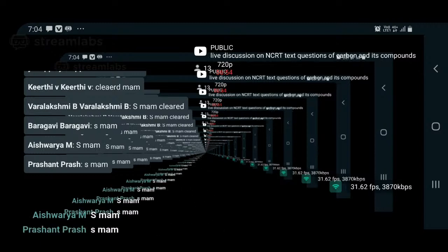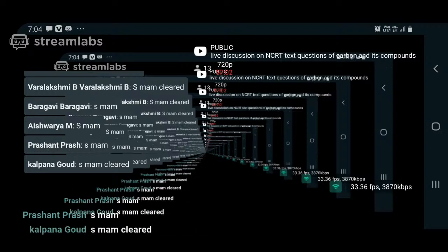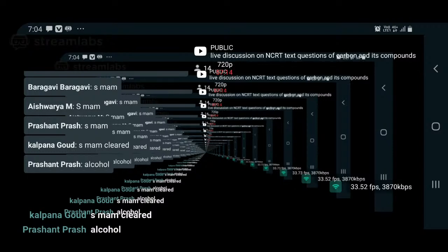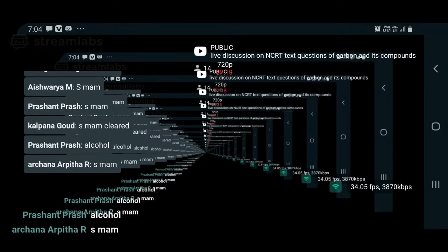Now, the soap molecule has two ends, a hydrophilic end and a hydrophobic end. The hydrophilic end easily dissolves in water. The hydrophobic end, the hydrocarbon tail, forms micelles with the dirt present in the clothes. When you agitate, that means when you brush it or scrub it, that scum will be removed.